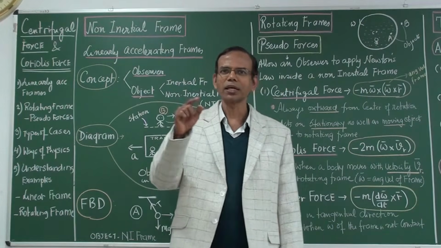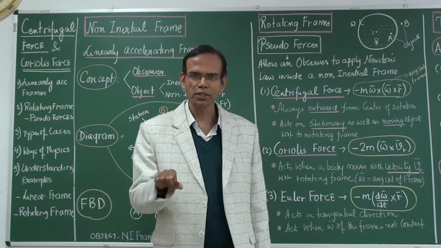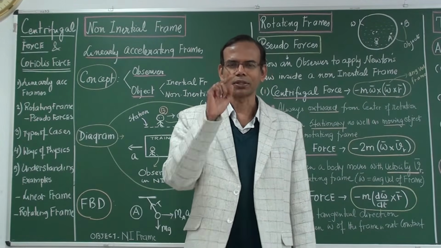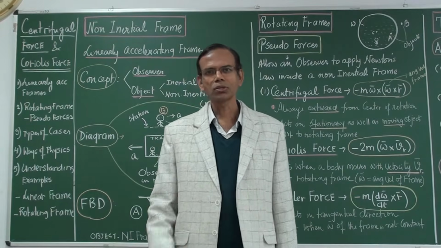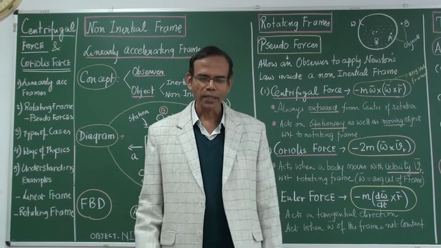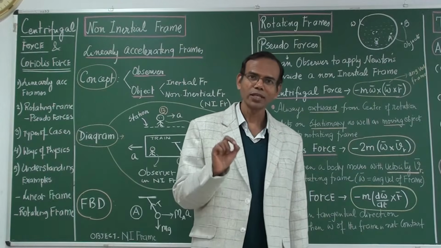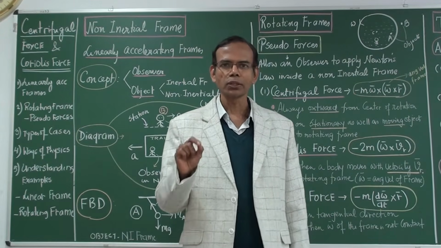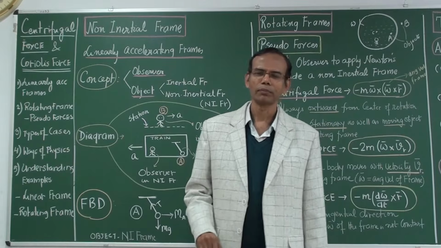And since its direction is changing, the velocity is changing, so there is an acceleration. The acceleration is towards the center. That acceleration is known as centripetal acceleration. Magnitude is v square by r.